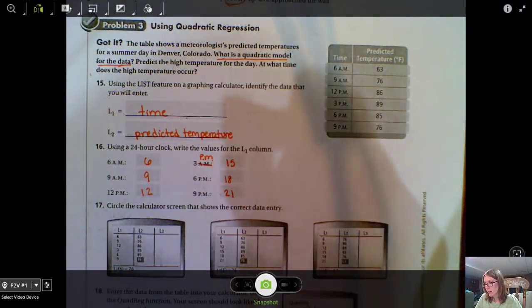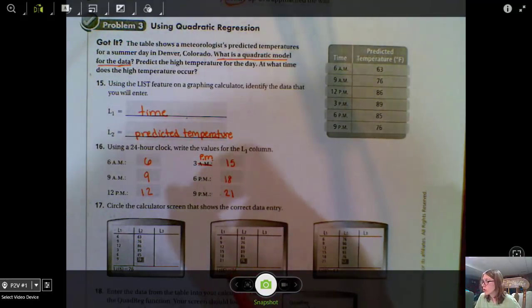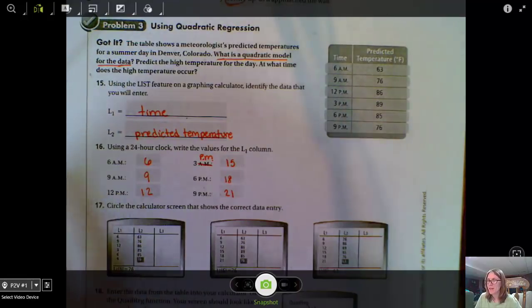So when we enter this data in our calculator, let's find what our calculator screen should look like.